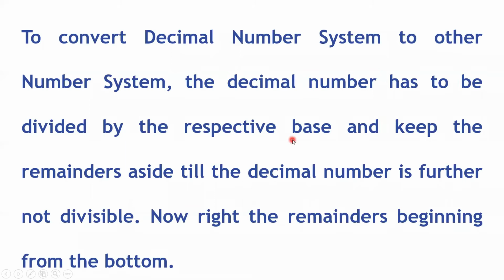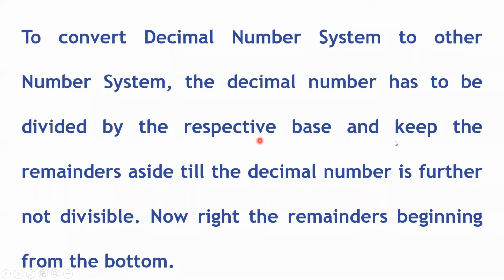What is the meaning of respective base here? For example, if a decimal number is given and you are supposed to convert it to binary, the binary base is 2. So we have to divide the decimal number by 2 to convert it to the binary number system. Similarly, if you want to convert a decimal to octal, then divide it by 8. Decimal to hexadecimal, divide it by 16.